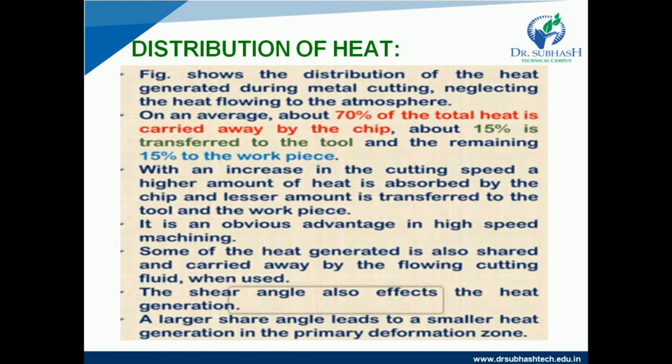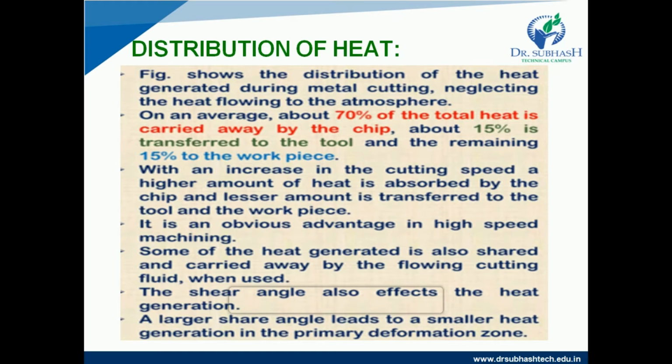The material we are removing from the workpiece in the form of chips carries near about 70% of the total heat, and the remaining about 15% is transferred to the cutting tool. So 70 plus 15 is equal to 85%, and the remaining 15% goes to the workpiece.